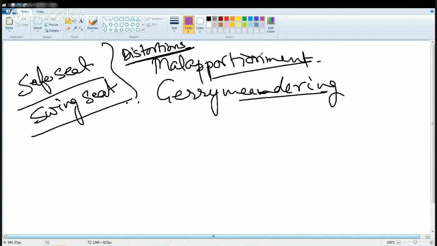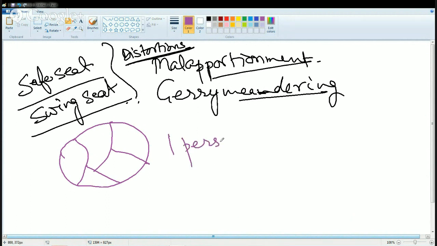Malapportionment basically means unequal or disproportionate distribution or representation in the electoral system. So for example, this electoral system has multiple constituencies. Technically we say one person casts one vote, and that was established by the Baker versus Carr case in the United States.